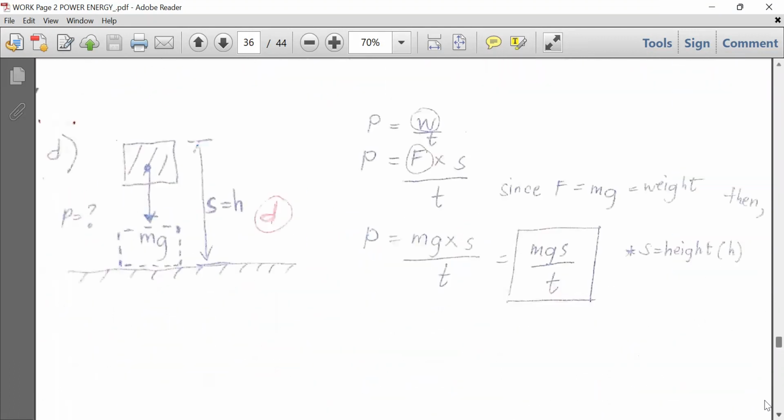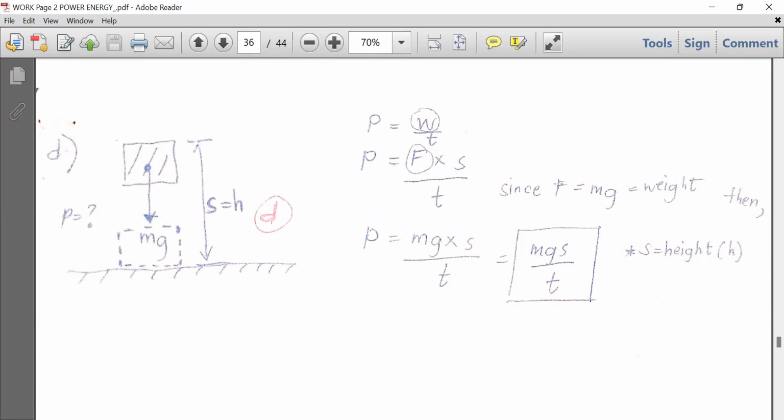How about this one? Illustration B. Let's say you have a box and you drop the box on the floor. How much power is being expended as you drop the box to the floor? Remember that power is work over time, which can also be written as F times S over time.